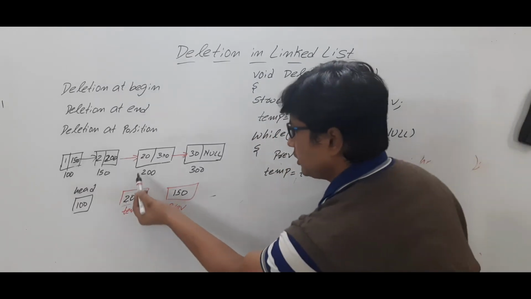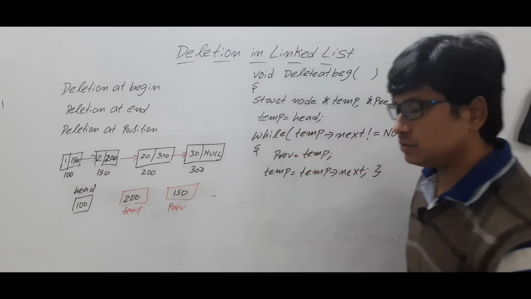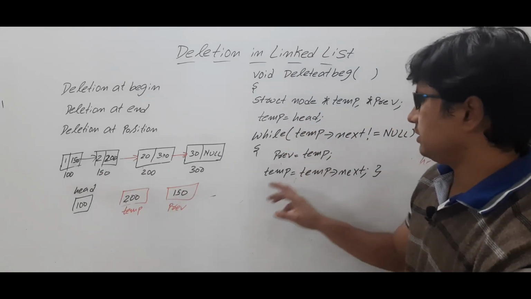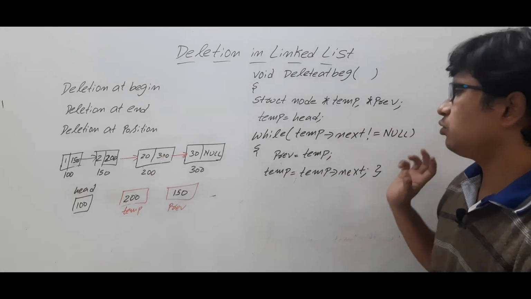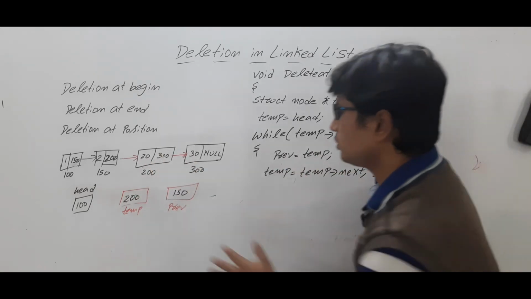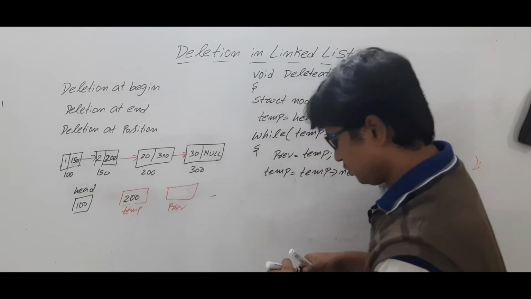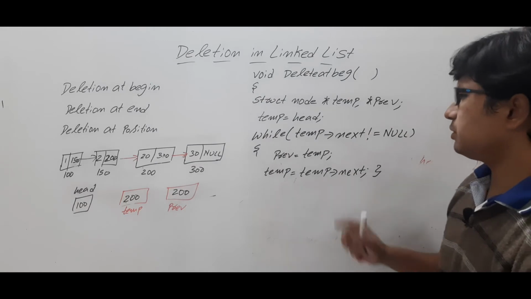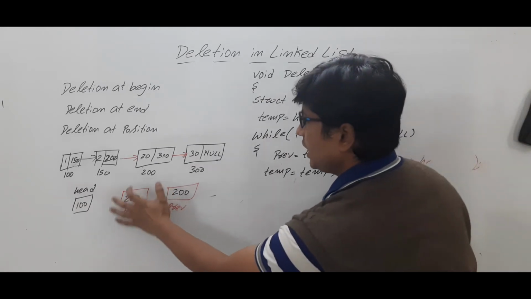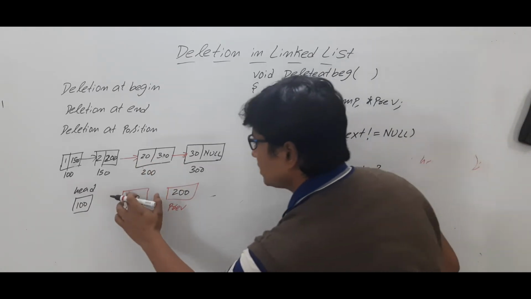Now temp is pointing to this node, previous is pointing to this node. Again look at the condition. Temp of next, 200 next is 300, which is not equal to null. Then previous is equal to temp, so you will get the 200 value here, which is an address. Temp is equal to temp of next, 200 next is 300. You will get 300 here.